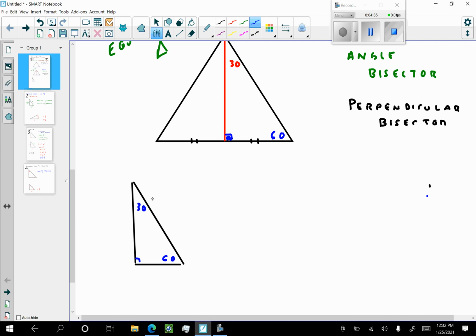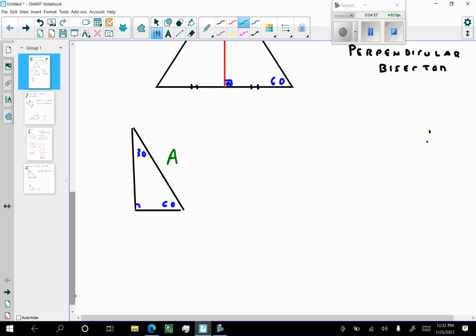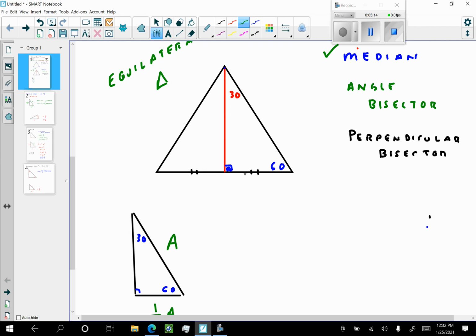And I will tell you, no matter what the hypotenuse is, let's call it A, this short leg, because we started with the equilateral, and because of the segment that's perpendicular from that vertex to the midpoint, this side right here has to be 1/2 A. And that stems completely and absolutely from this property of equilateral triangle and a median.